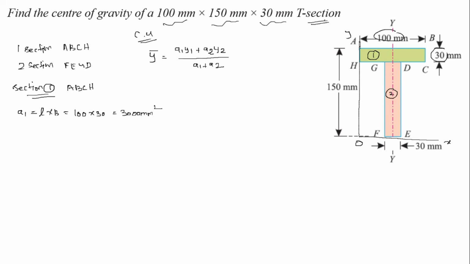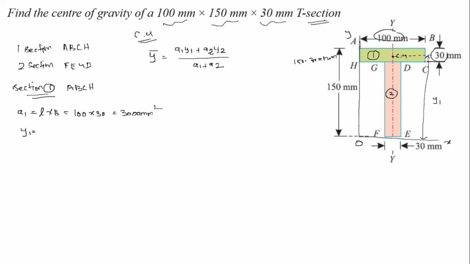Similarly, y1 is equal to what? Y1, which means this is the CG, right, and this is y1, which is equal to the distance between the CG of the corresponding section and the axis OX, right. So, this is y1. So, up to this what is the distance? 150 minus 30 which is equal to 120 mm.